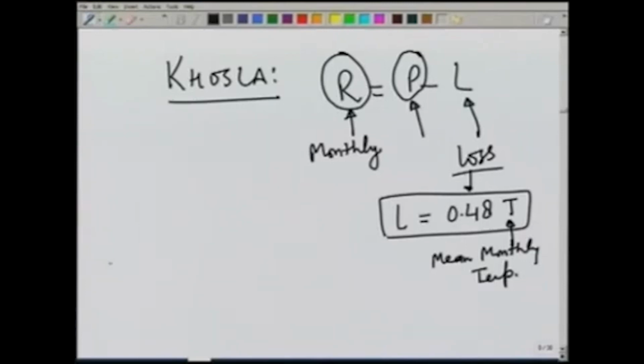The water budget model is quite straightforward mathematically, but typically we will need computers to implement this model, because there are a lot of computations involved and a lot of data has to be collected, which can be used to obtain the abstractions from the precipitation.